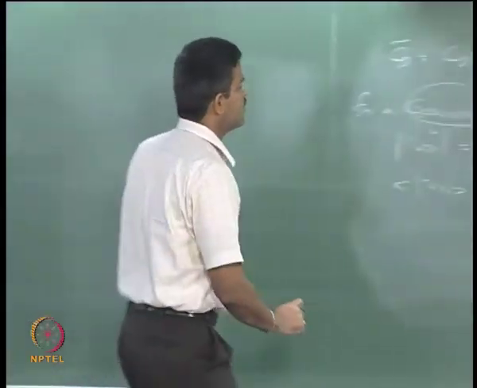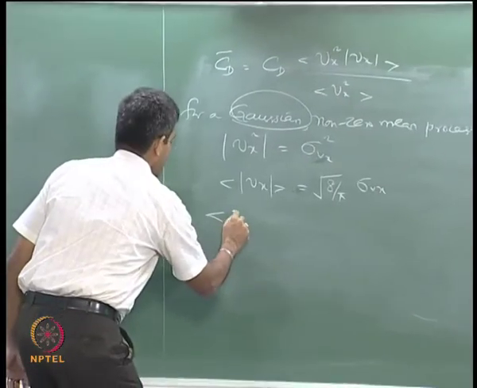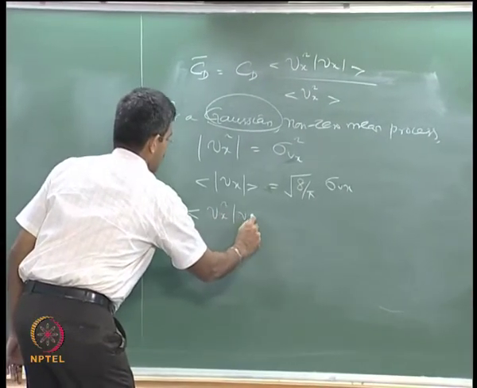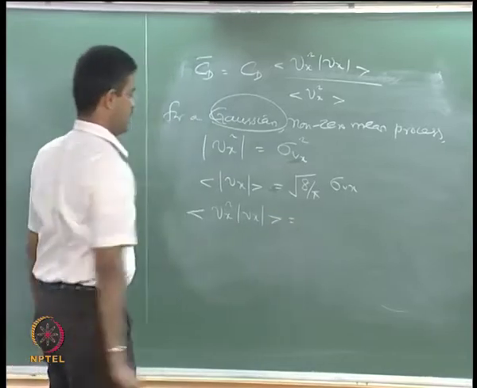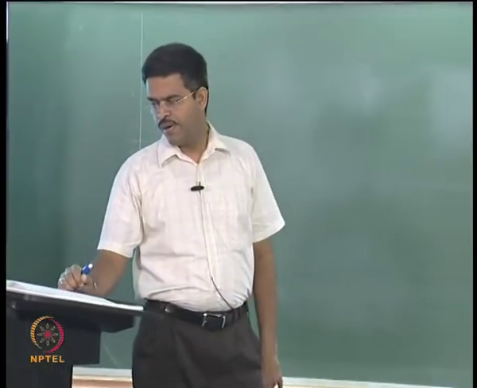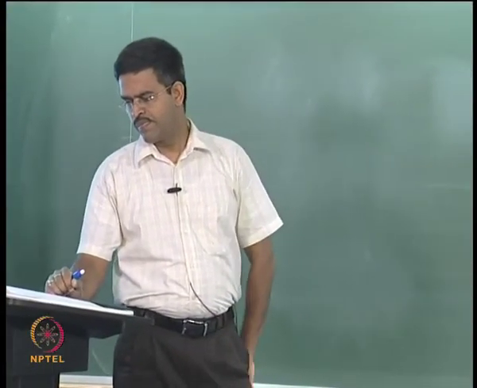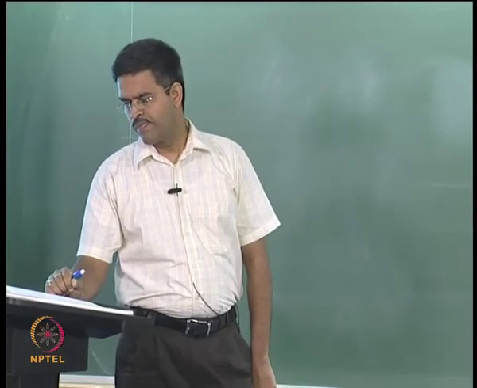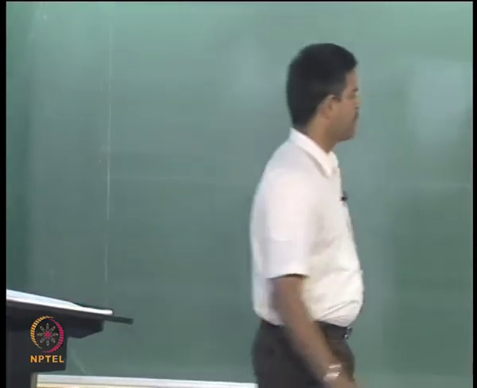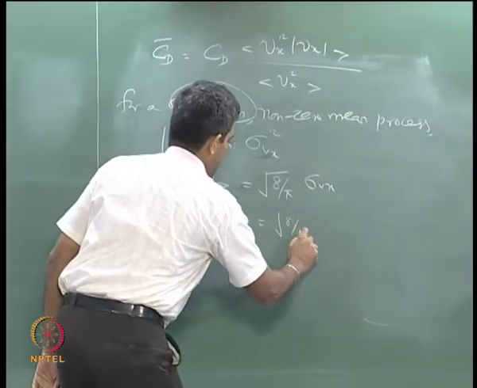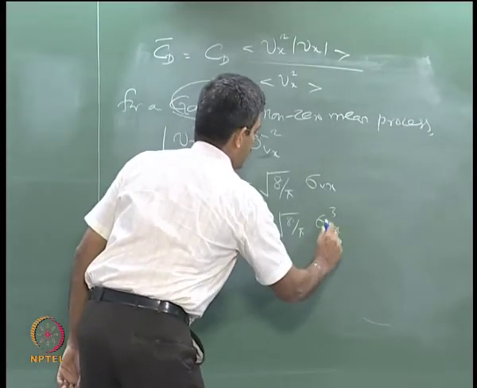And the numerator, the time average of Vx square absolute Vx, will now be root 8 by pi sigma Vx cube.